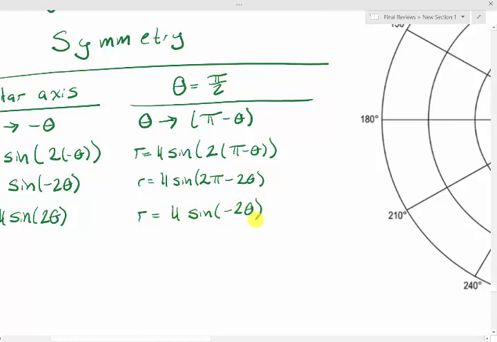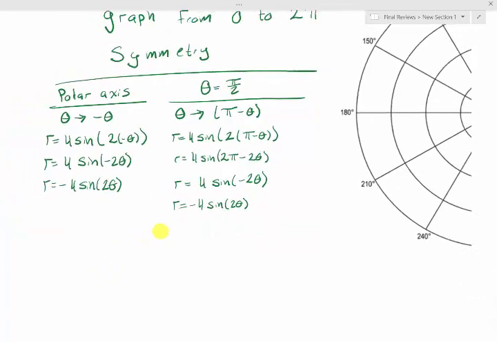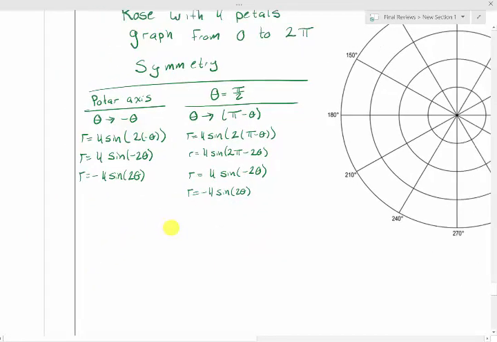And then again, the negative will come out to the front. Unfortunately, we can't see whether or not this has symmetry. It may, it might not. I mean, it's a rose with 4 petals, so it should have symmetry, but our ability to check for it is null. So what we're going to have to do is graph the entirety from 0 to 2 pi.